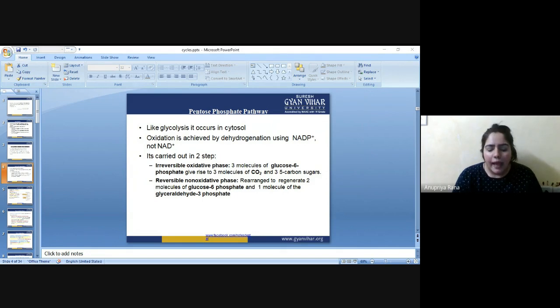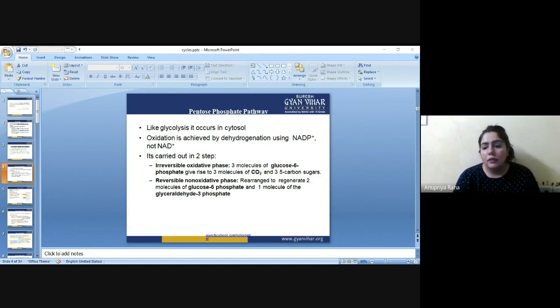In the first oxidative phase, they have to convert carbon 6 to carbon 5, as these are organic molecules containing carbon. So their basic motto here is to reduce their carbon numbers, and for that they have to perform these following steps.